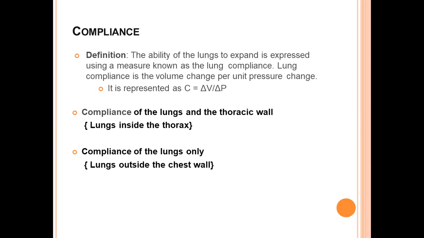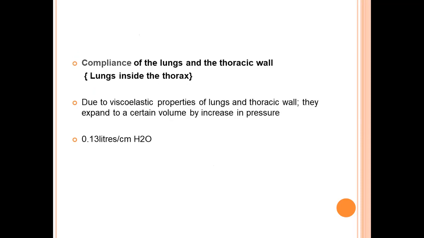Or, many a time, the compliance of the lungs alone is measured for experimental purposes, where only the lungs are responsible for the expansion of the volume. So compliance can be of two types: combined lungs and thoracic wall, and lungs-only compliance. Now let us see one by one.